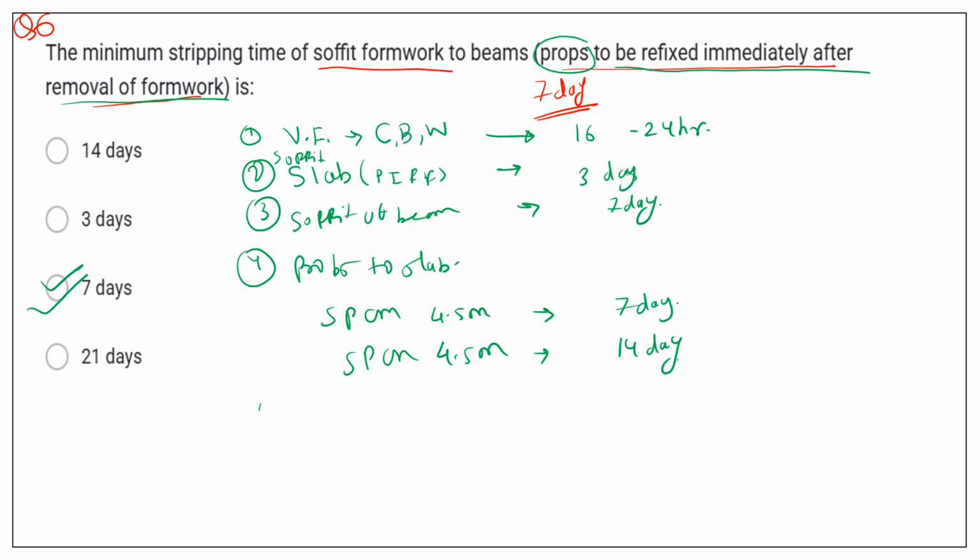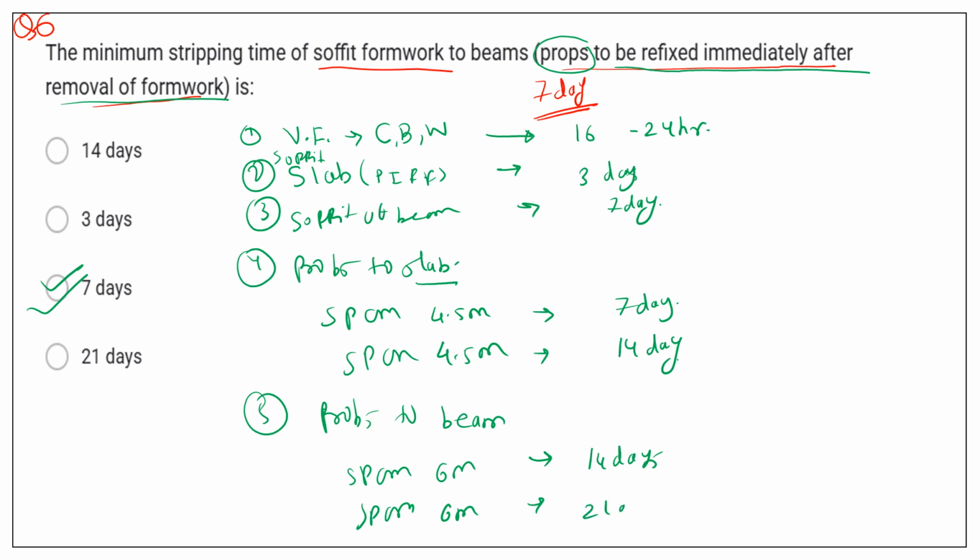Then the fifth one, props to beam. If the span is less than or equal to 6 meter, then 14 days. And if the span is more than 6 meter, then 21 days.